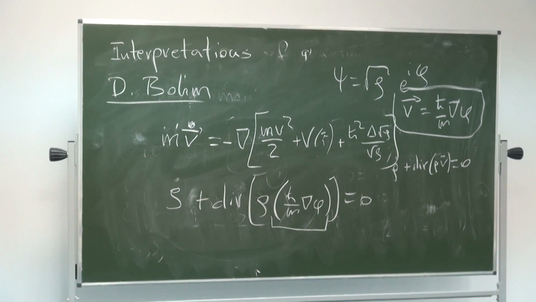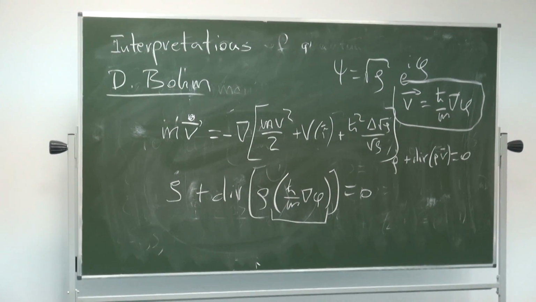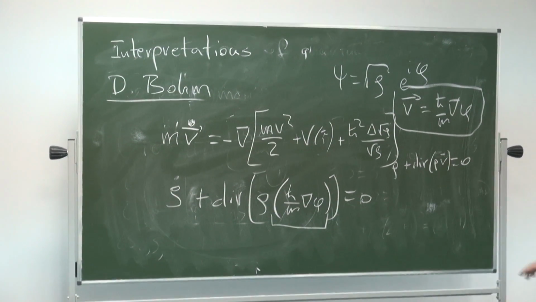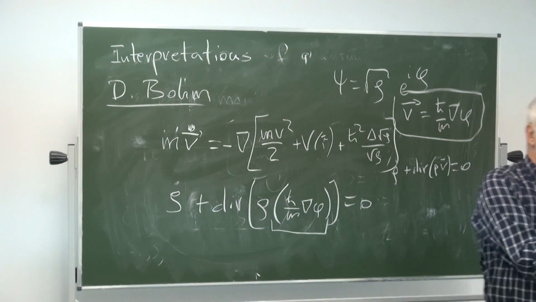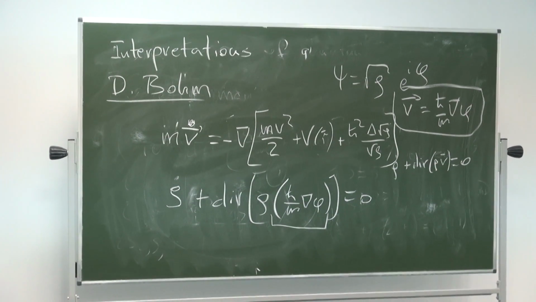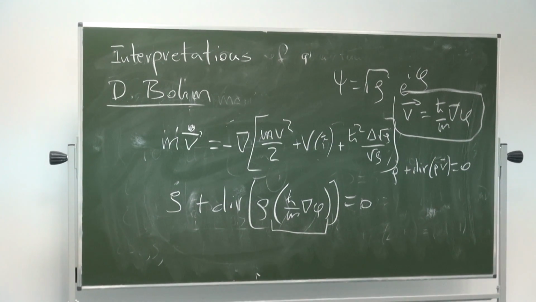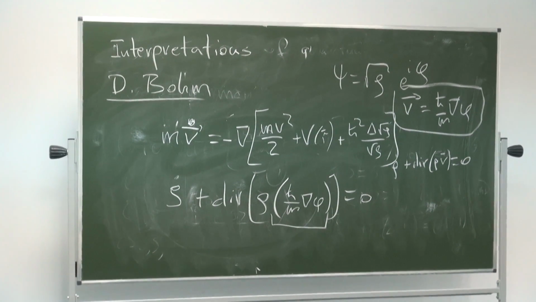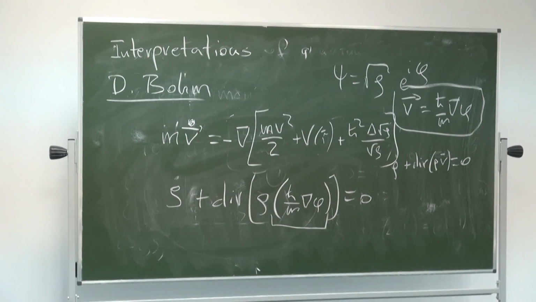Nobody except Dave Bohm. Dave Bohm came to this equation and he said, okay, if not for this stupid quantum term, this would be like a dust of particles that are floating in space, just classical particles that are having classical trajectories. So Bohm had an idea that classical trajectories do exist also in quantum physics.